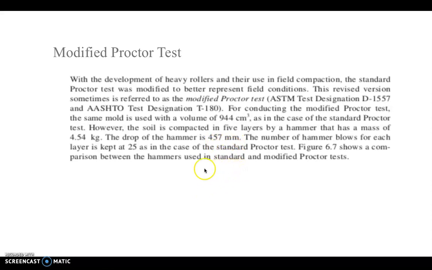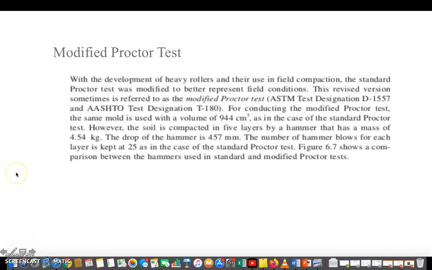And still, the number of blows that you're going to deliver for each layer is 25 blows, the same as in the standard Proctor test. So that is for the modified Proctor test.